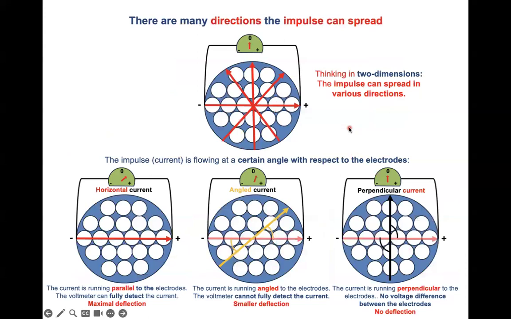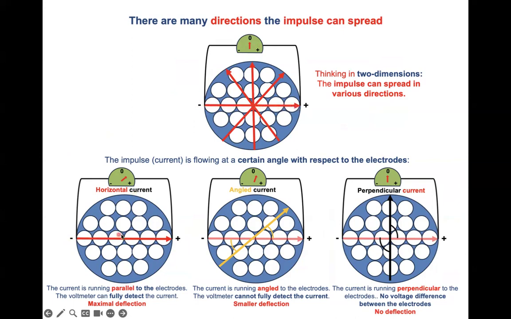Now, the electrical activity in the heart spreads in many different directions. One voltmeter won't be enough to detect the electrical activity at high resolution. Let's assume we have just one voltmeter placed this way. Here's minus and here's plus. This position of this voltmeter detects best the electrical activity running horizontally.